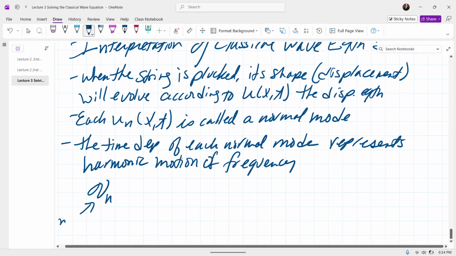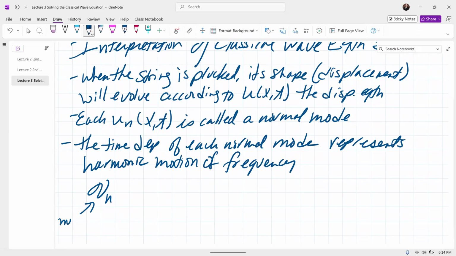This is new: nu sub n equals omega sub n over 2 pi equals v n over 2L.